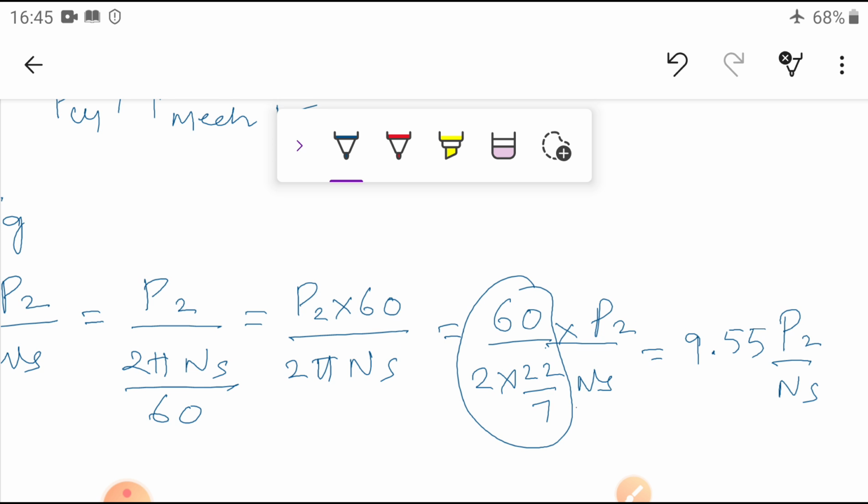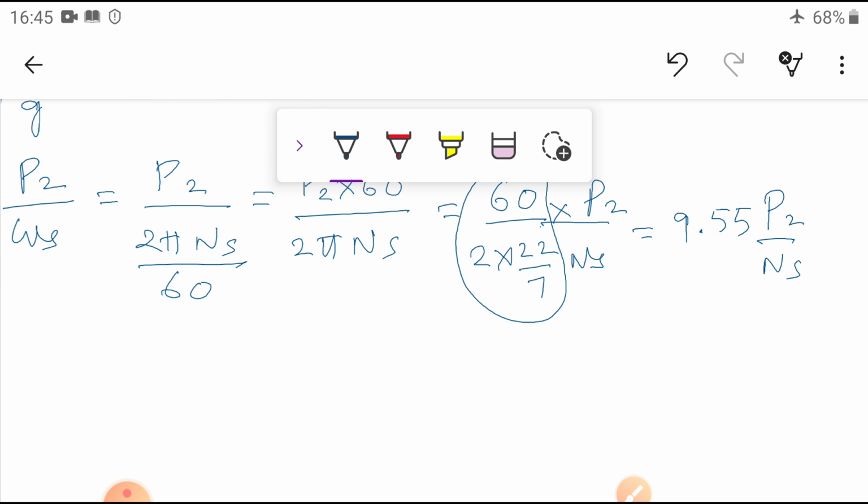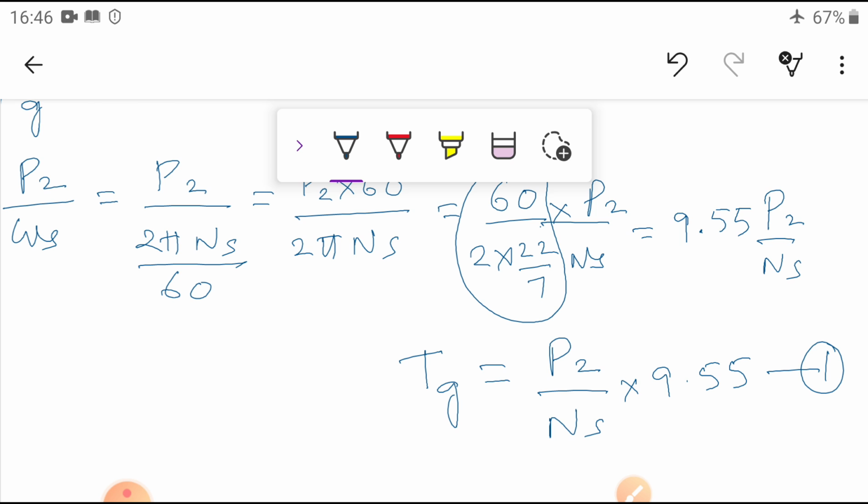So this is the final equation. That means the gross torque developed in the rotor, in terms of P2 by NS, into 9.55. Okay, this is the formula we are going to use in calculations.